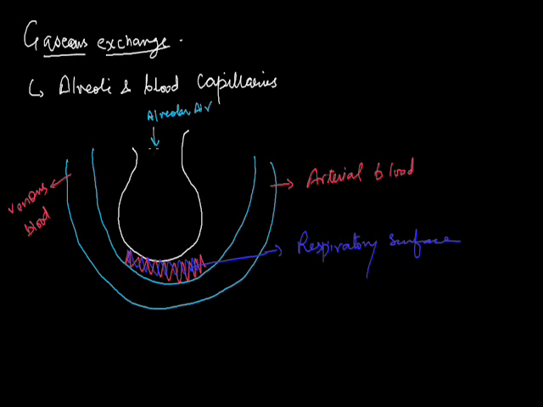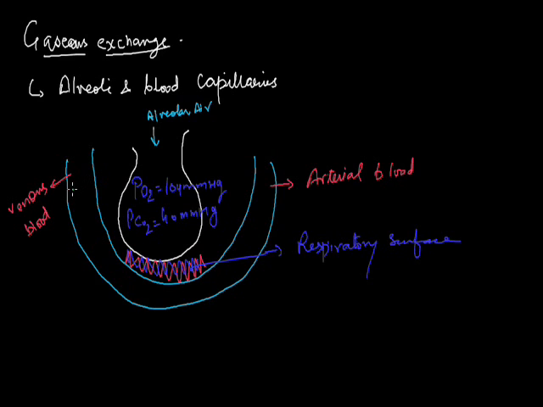Now the air which is going inside the alveoli has some pressure, and that is known as the partial pressure. Suppose the oxygen which is present here has a partial pressure of 104 mmHg, that is the unit of pressure of the gases, and the carbon dioxide which is present here has 40 mmHg of pressure. This is the pressure of the gases which are present inside the alveoli. Similarly, the gases which are already present in the blood also have some amount of pressure.